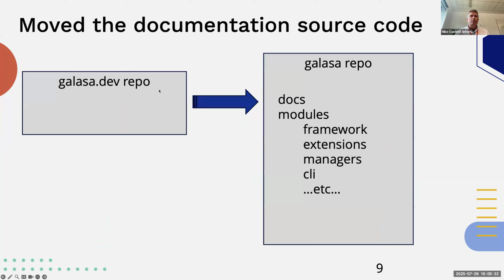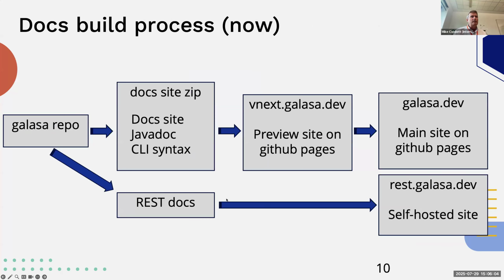And we pulled in all of the documentation source into the monorepo. So when you check out the Galasa repo now, it's got docs, and that is what we render, which will make it easier to do things like do a code commit and change the docs at the same time, so it's atomic, and will help us be more efficient in terms of only one PR for getting a change through, that kind of thing.